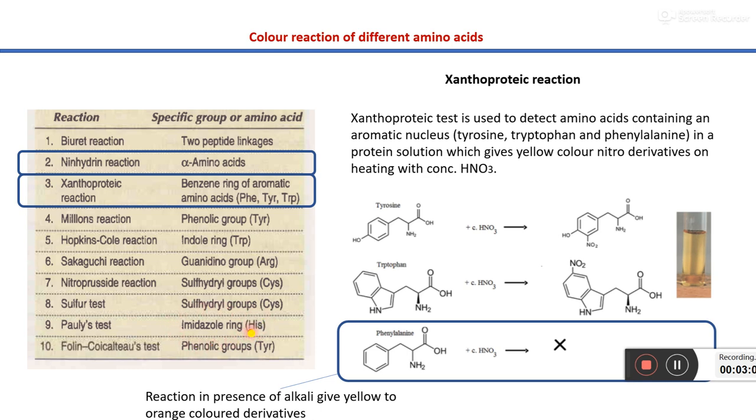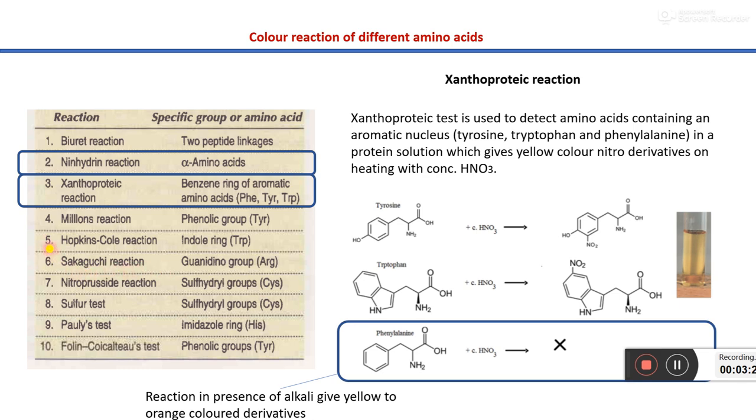The amino acid which generally has imidazole as its side chain is known as histidine, right? In the same way, through the sulfur test you can detect the important sulfur containing amino acid, that is cysteine.